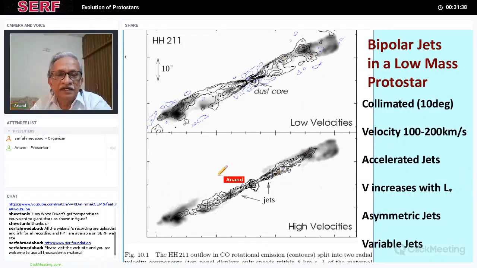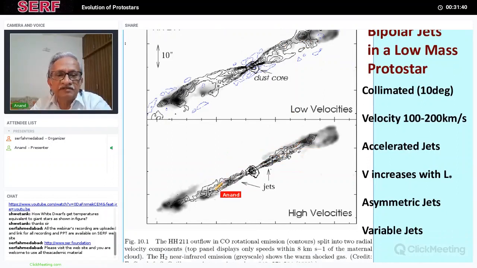And more than 80 kilometers per second, reaching up to 100 kilometers or so, are shown here. So as you go from the center of the jet outward, the velocity is increasing. It is getting accelerated as you go outwards.